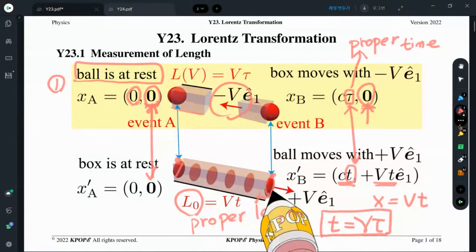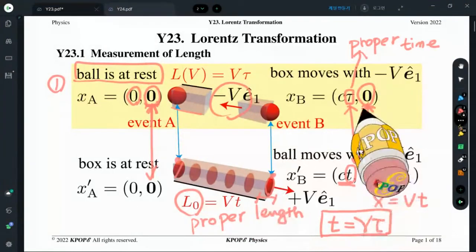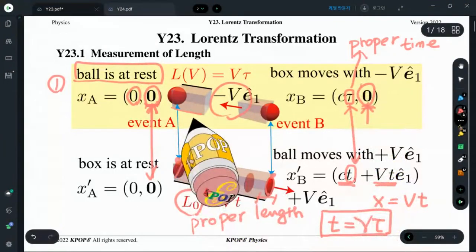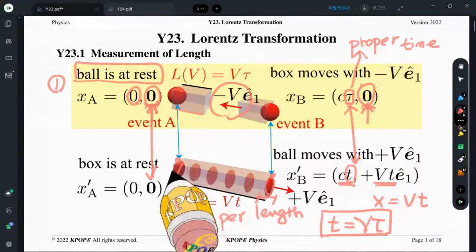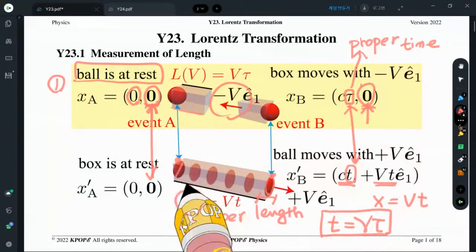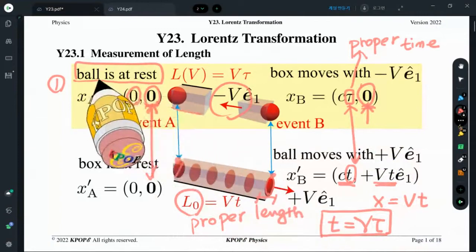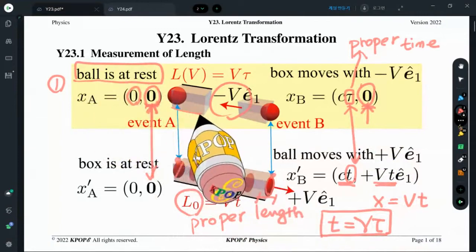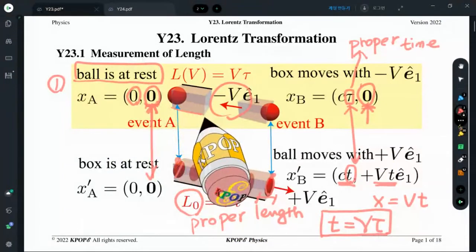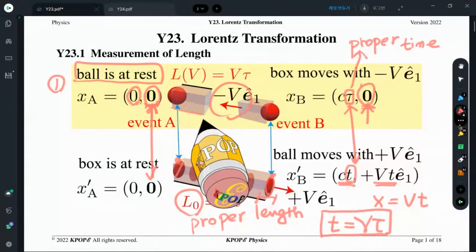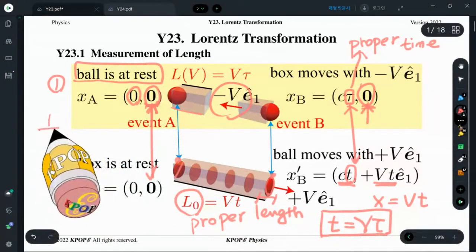Okay, so this is due to the length contraction, time dilation, and length contraction. The ball becomes smaller along the direction of motion. In the frame where the ball is at rest, the length of the box shrinks by a factor of 1 over gamma.